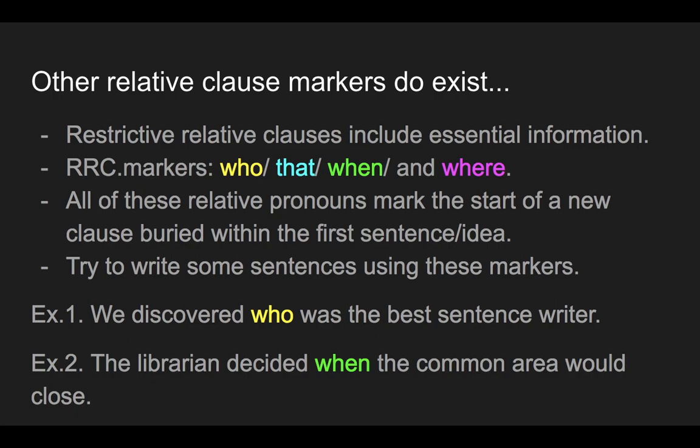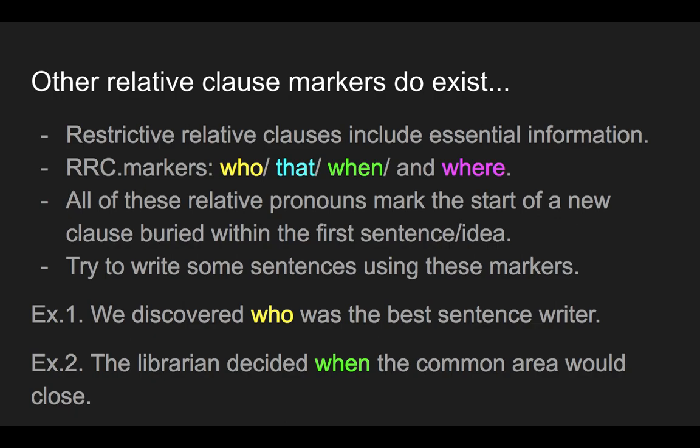Let's check the next one. Number two, the librarian decided when the common area would close. So these two examples are great examples because they show you in the first one, we're using the restrictive relative clause marker as the subject in our new clause, right? Who was the best sentence writer? It is who that is acting as the subject in that clause.